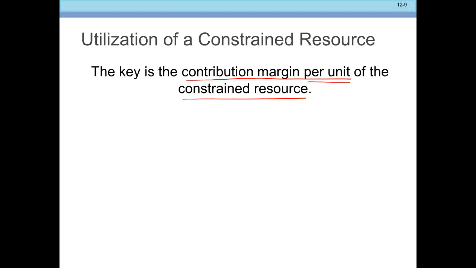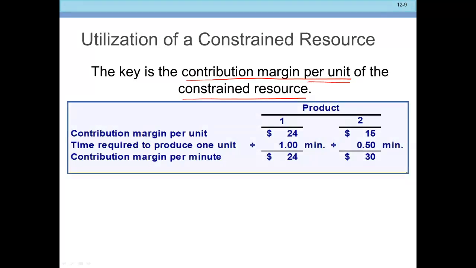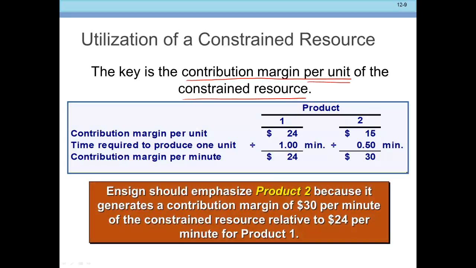In this case, we divide the $24 contribution margin by 1 minute and the $15 contribution margin by 1/2 of a minute, or 0.5, for a contribution margin per minute of $24 and $30 respectively. Therefore, we should emphasize product 2 because it has a contribution margin of $30 per minute of the constrained resource, which is higher than the $24 per minute for product 1.